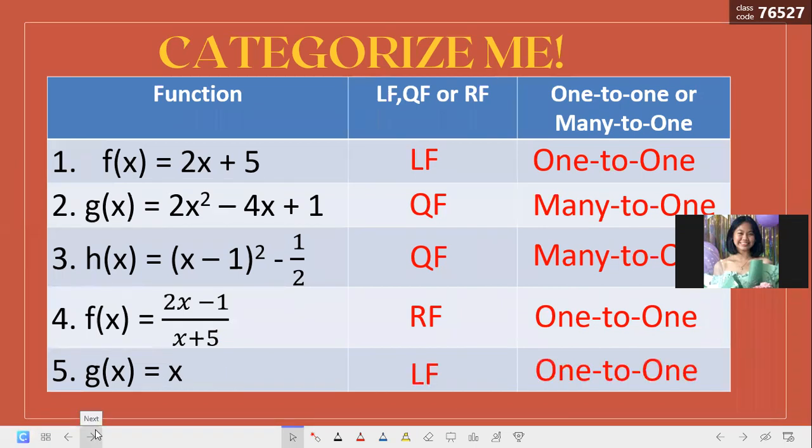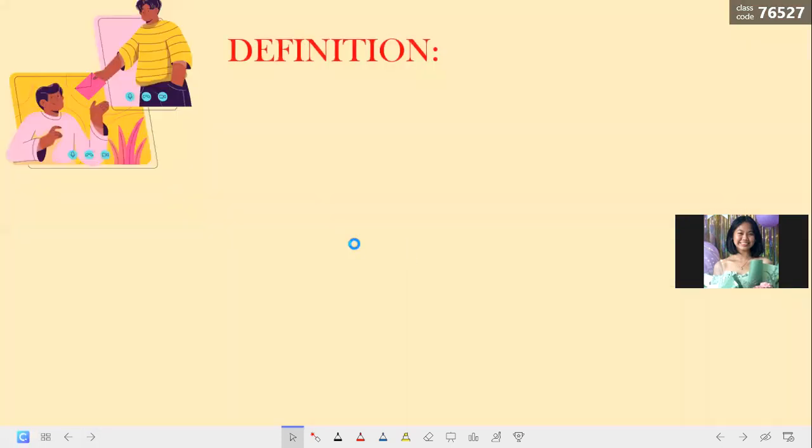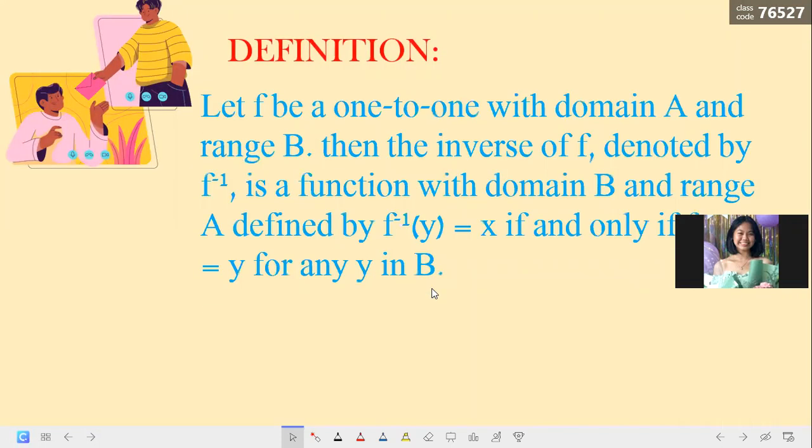And now that you know how to classify a function, okay, paano daw hinahanap ang inverse? And how do we define that?